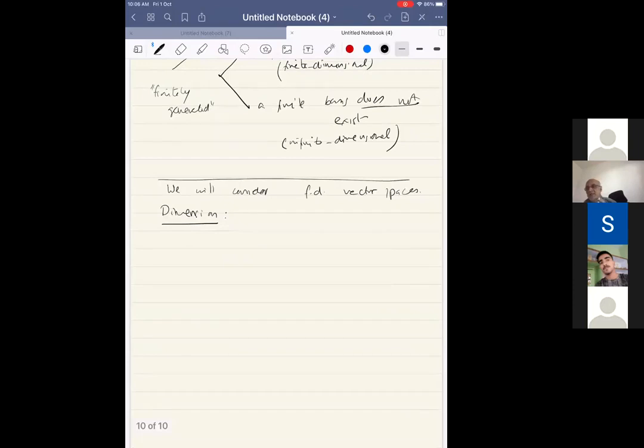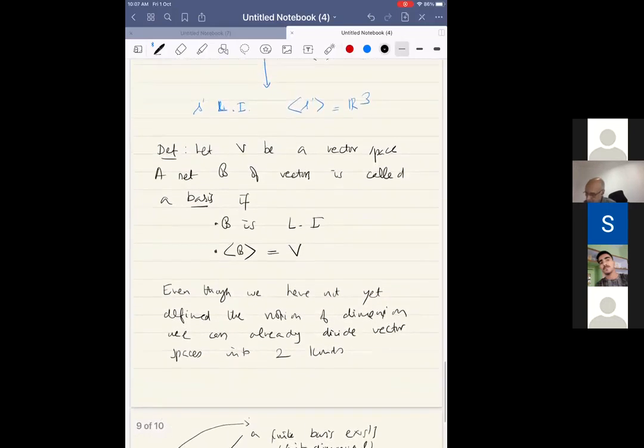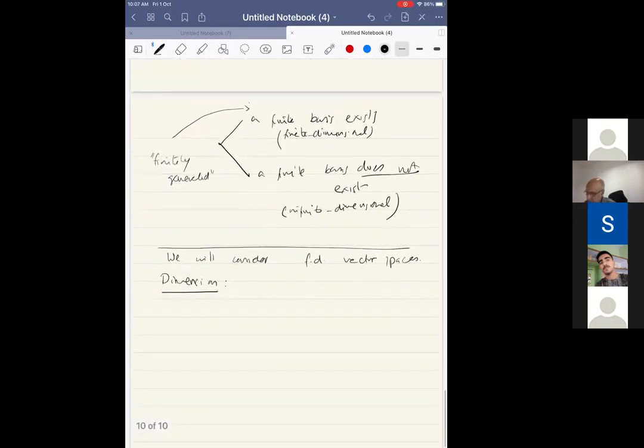First of all, there exists a finite set of non-zero vectors that generates V. And we know from the theorems that we have proved that given such a thing, you can always extract a subset which is both linearly independent and spans V. In other words, you can extract a basis.